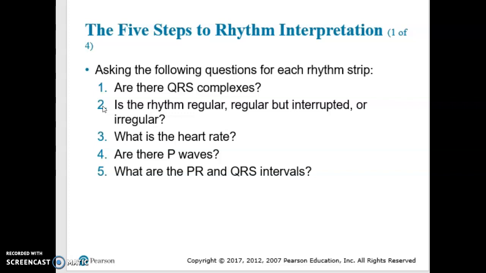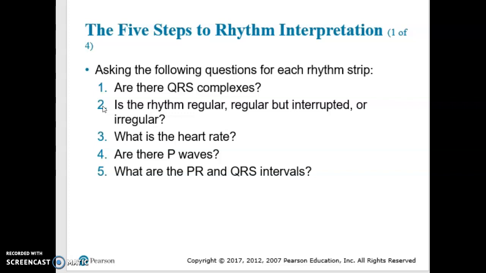You may have more than 2 little blocks as a difference between the two. So we would count the first R complex and just say it was 21, and the next one was 22, and then the next one was 21. That would be considered a regular rhythm because it doesn't vary more than 1 to 2 little blocks. With an irregular rhythm, they may be all over the place.